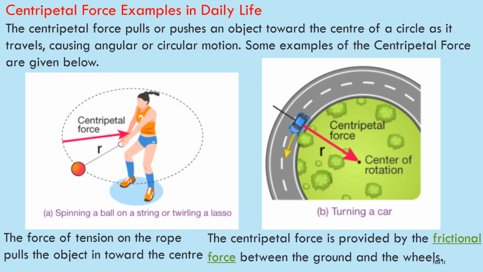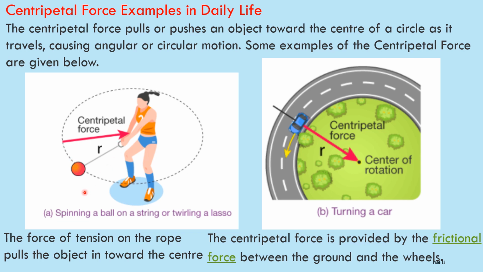Centripetal force examples in daily life. The centripetal force pulls or pushes an object towards the center of a circle as it travels, causing angular or circular motion. Some examples of centripetal force are given below. Centripetal force is nothing but when the object is moving in a circular path, that object will experience a force, and that force is pointing towards the center of the circle or along the direction of the radius.